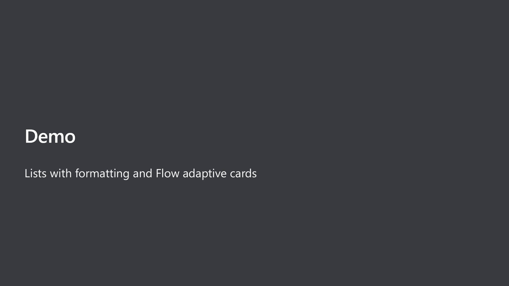So we took a quick look at lists with formatting. I want to show you a couple of things that we can do around Flow and adaptive cards. Let's come over here to 7.